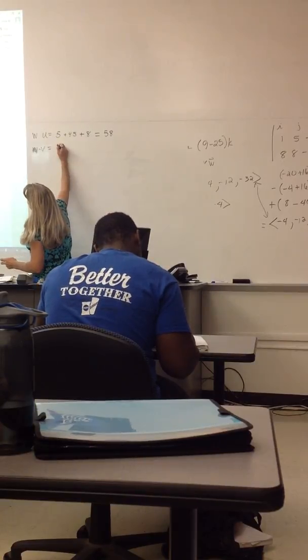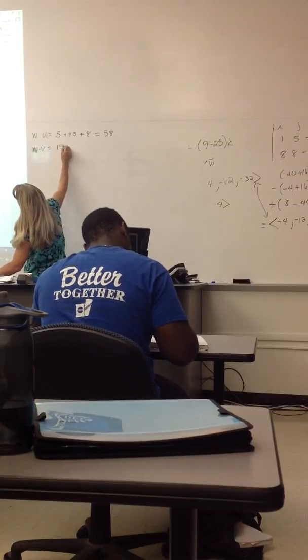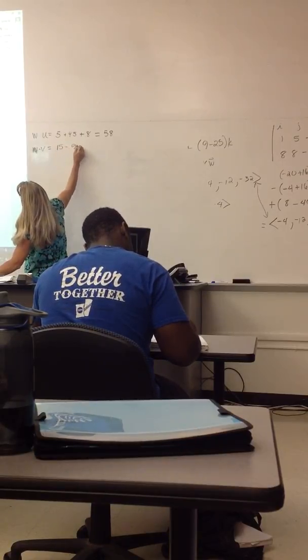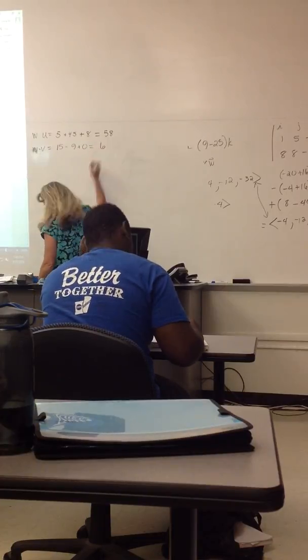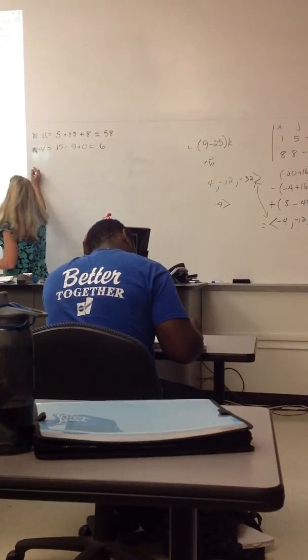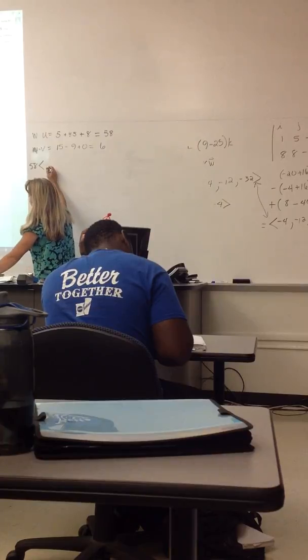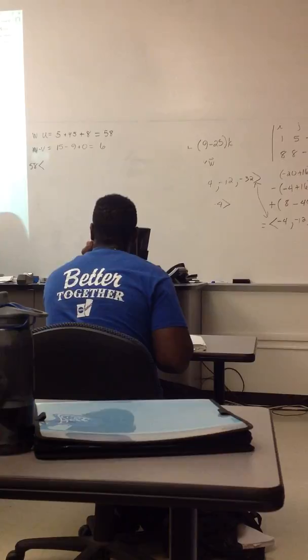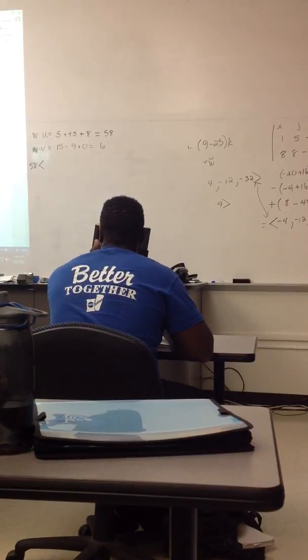And w dotted with v is going to give me 15 minus 9 plus 0, so that will be 6. So then 58 times vector b, because w is like my a, u is like my c, so b is like the b.